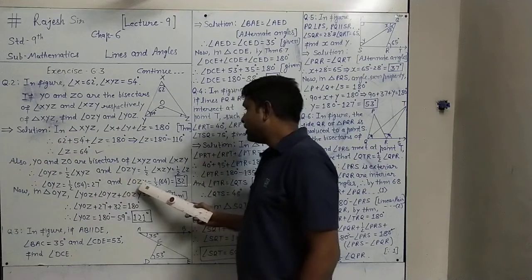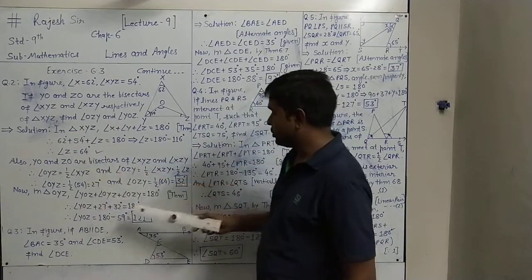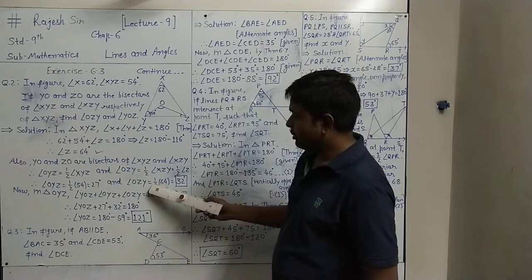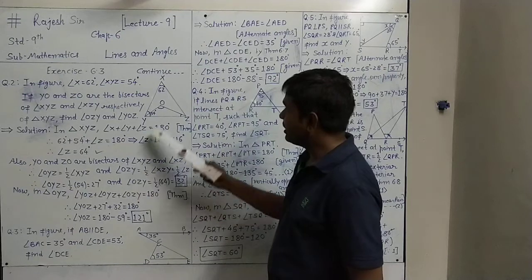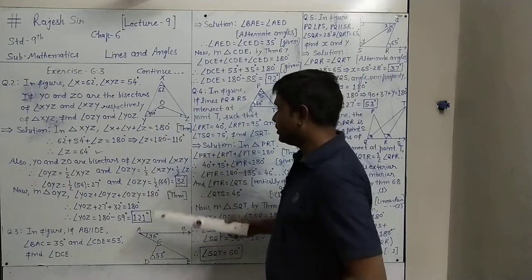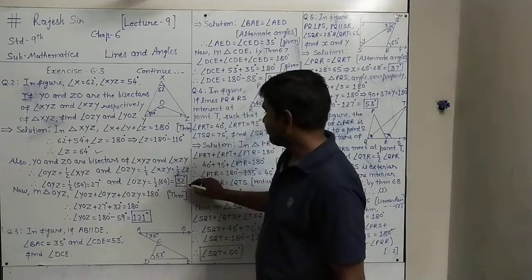And angle OZY is half of angle Z. Angle Z here is 64, and half of 64 is 32 degrees. So angle OZY is 32 degrees. This is the first answer we got.